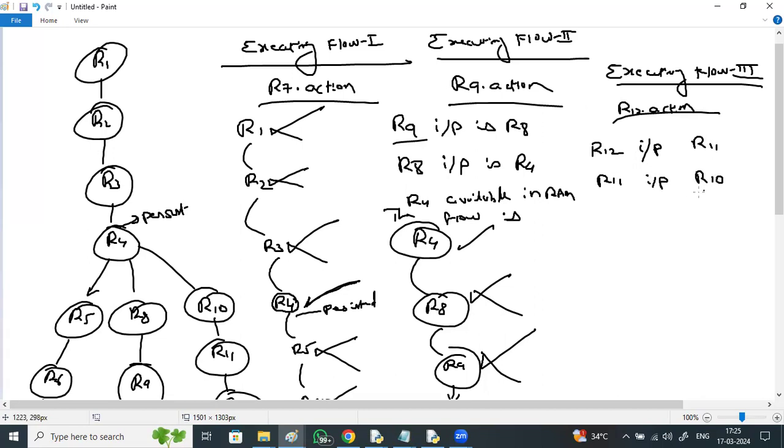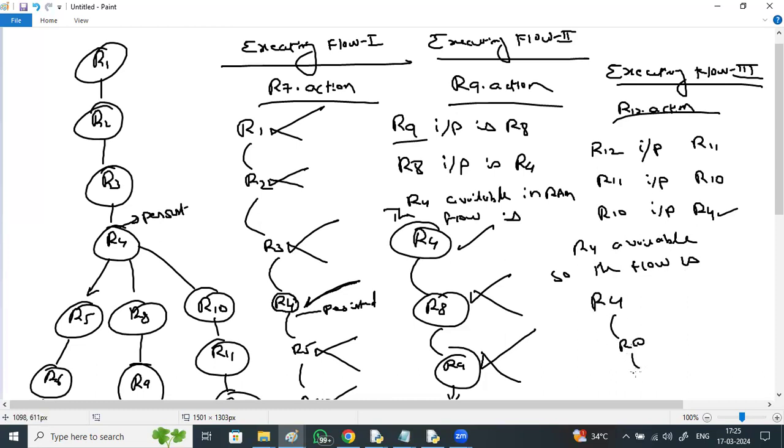R10. Is R10 available? No. Now R10's input is R4. Is R4 available? Yes. R4 is in RAM, R4 is available. So the flow is what? R4 to R10, R10 to R11, R11 to R12, right?